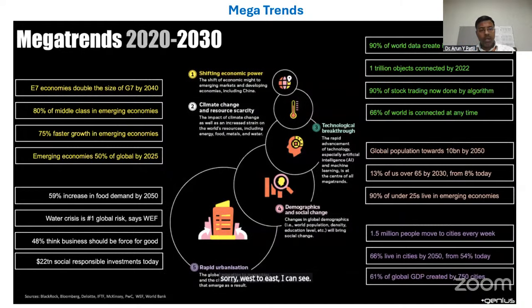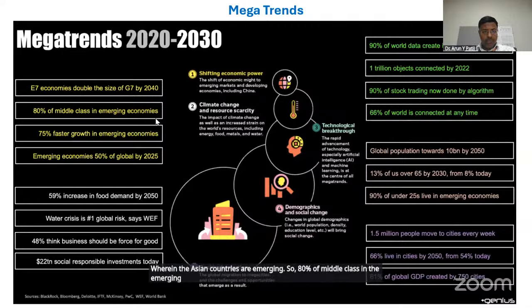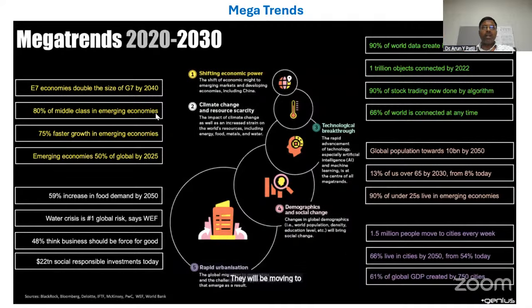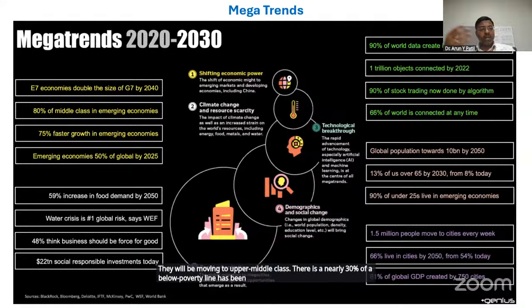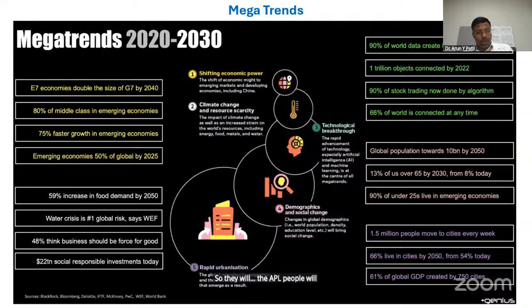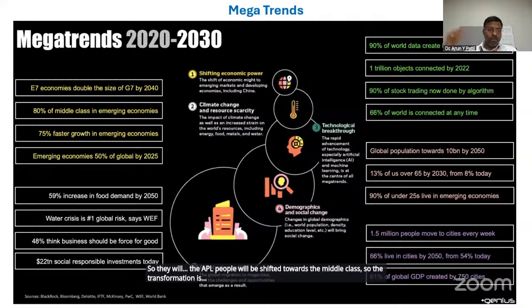So the west, US and UK, were the pioneers in the early days. Now you can see a shift or a transformation towards the east, wherein the Asian countries are emerging. So 80% of the middle class in the emerging economy currently will be moving to upper middle class. Nearly 30% of those below the poverty line have been converted to above the poverty line. So the APL people will be shifted towards the middle class. So the transformation is completely in terms of the phase shift.